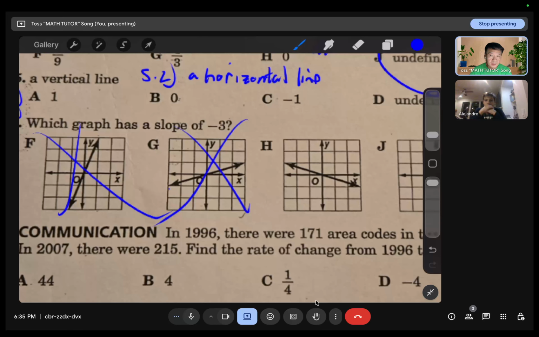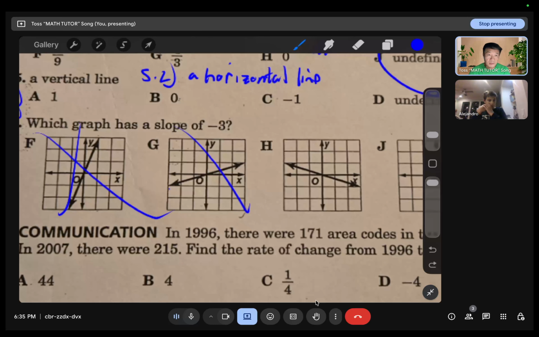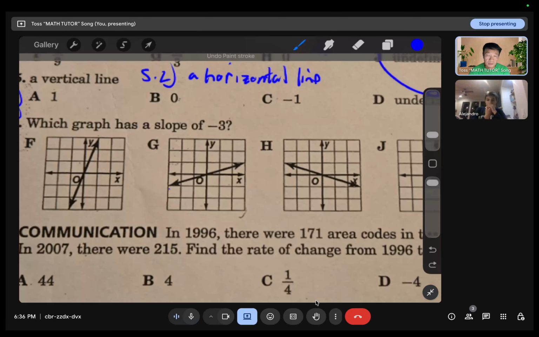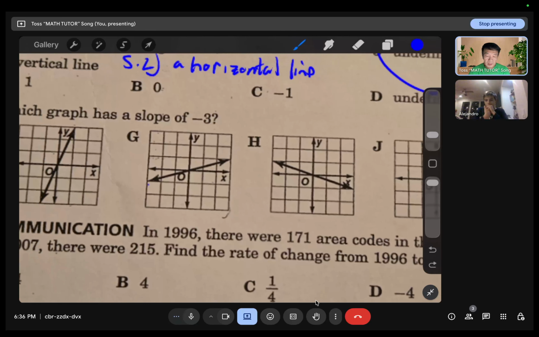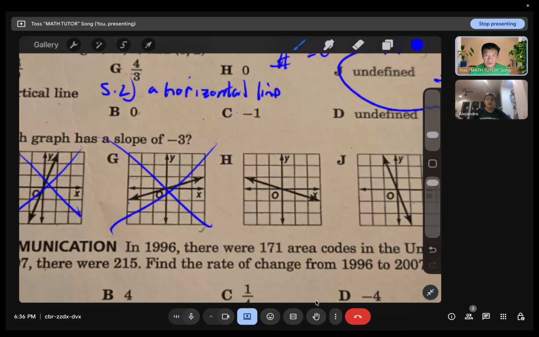Okay, get it? This is normally taught in an accelerated course, by the way. If you haven't heard this, your teacher may have overlooked it, or it's coming up later on. So far? So that means you can ignore F and G for the slope being negative.